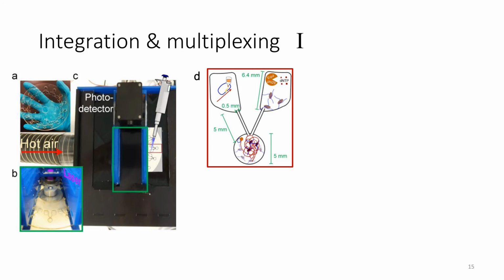First, as you can see, it has multiple chambers, so it allows multiplexing. And second, using centrifugal force, basically we can spin down liquids and start a reaction by motorized action of the setup.